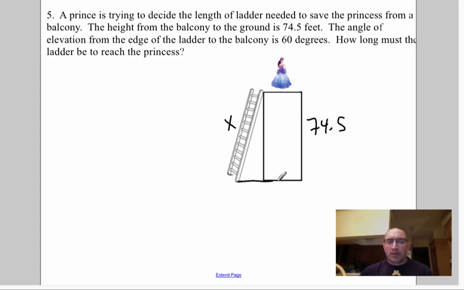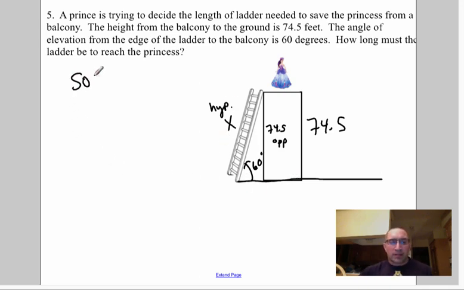And the angle of elevation, so from horizontal going up right in here, is 60 degrees. How long must the ladder be?